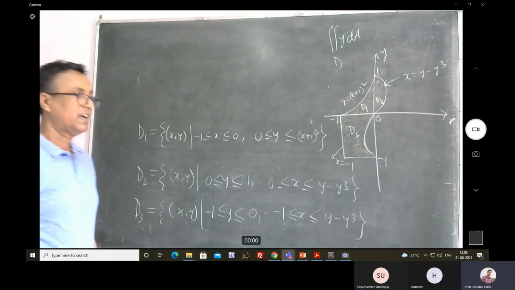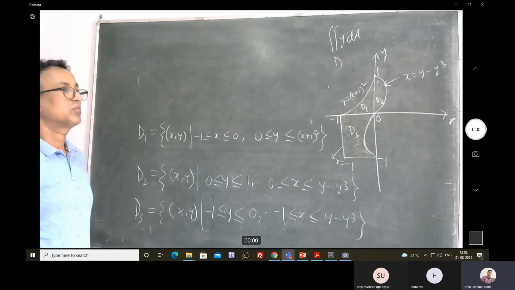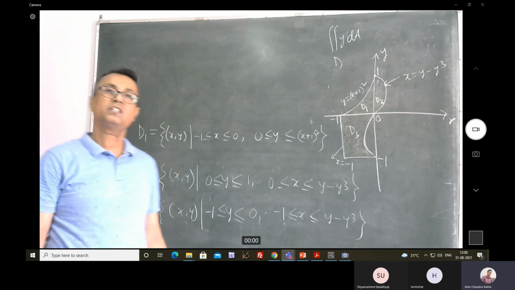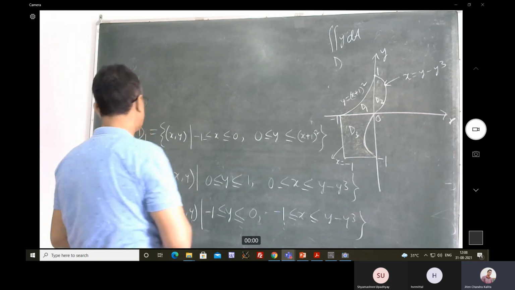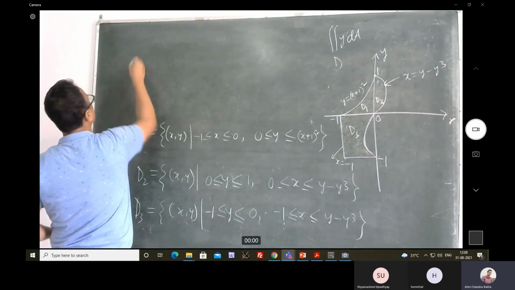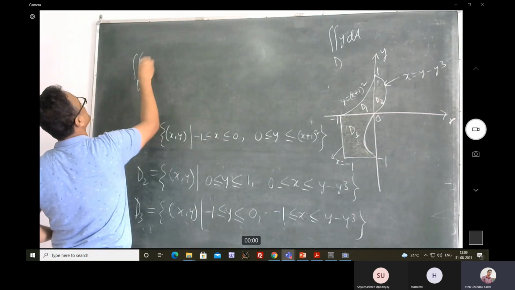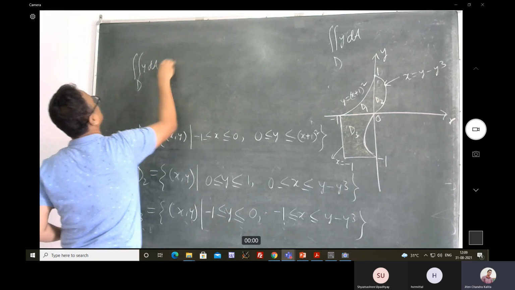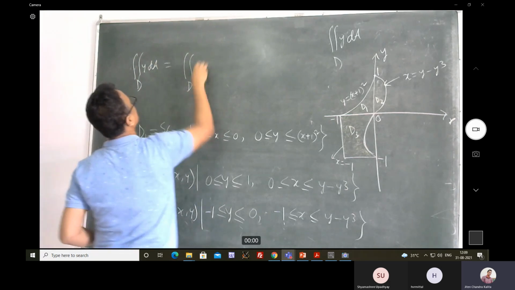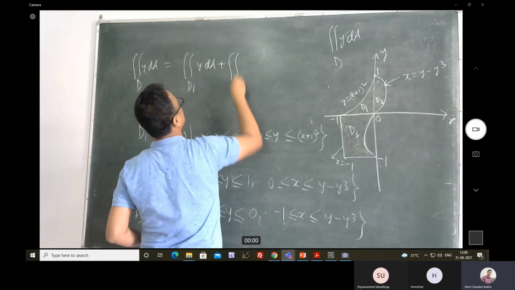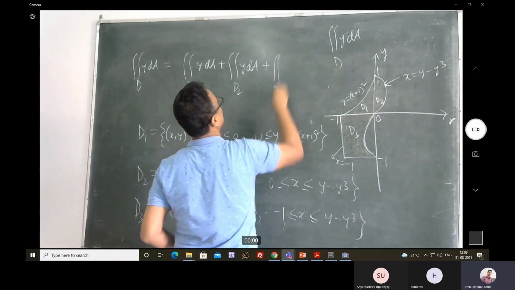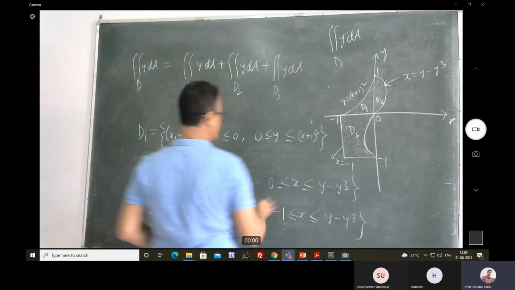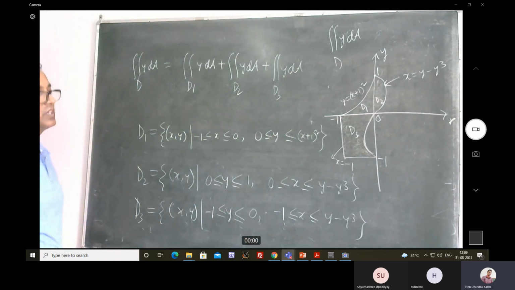So I'm done, right? What you have to do is simply make use of that iterated integral concept for type 1 and type 2 regions. So this is going to be the integral over D1 plus D2 plus D3, and because you have a description of all these domains, you can easily integrate it.